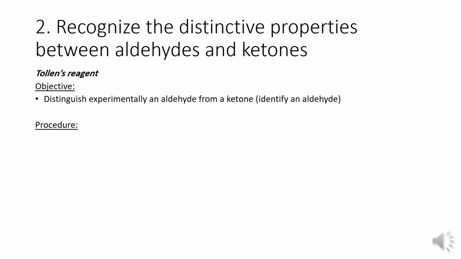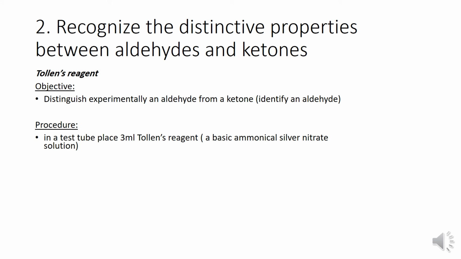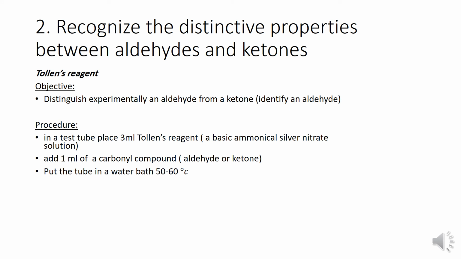The procedure is: in a test tube, place 3 milliliters of Tollens reagent, a basic ammoniacal silver nitrate solution. Here the solution is basic. Add 1 milliliter of a carbonyl compound, aldehyde or ketone. Put the tube in a water bath between temperature 50 to 60 degrees Celsius.